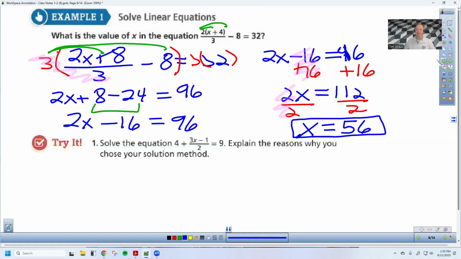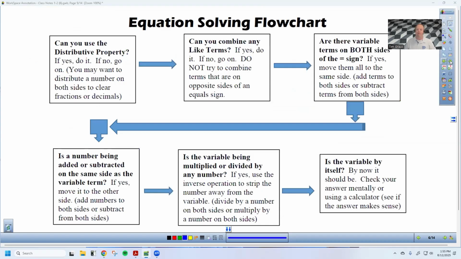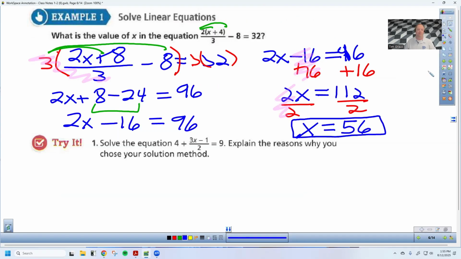First question is, can we use the distributive property? Well, it's not quite so obvious as it was in the first one. We're not going to use the distributive property like we did with the 2 times the x plus 4, but we are going to use the distributive property to clear that fraction.